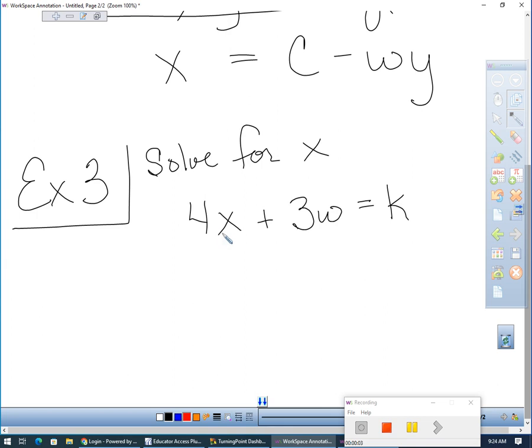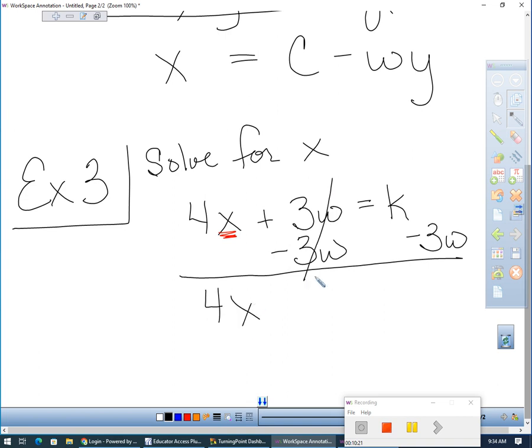All right, so this time I still need to get the x by itself. First thing, we got to subtract the 3w to the other side. So I have 4x. The 3w's cancel out, equals k minus 3w.